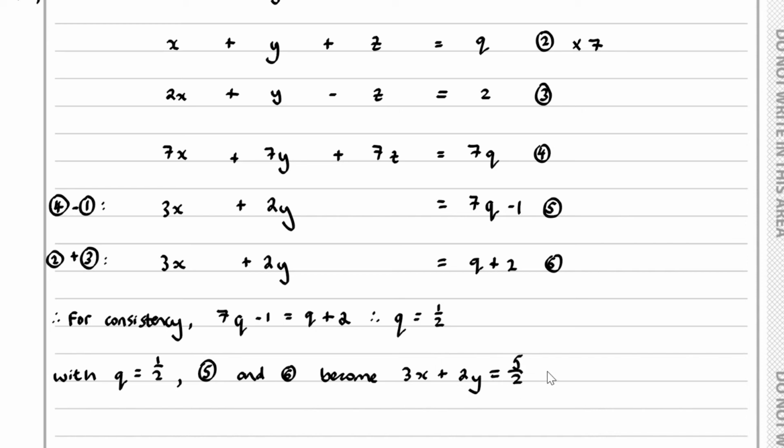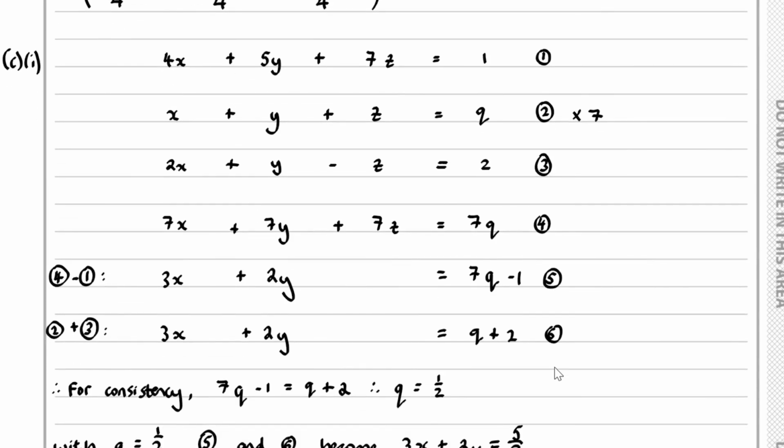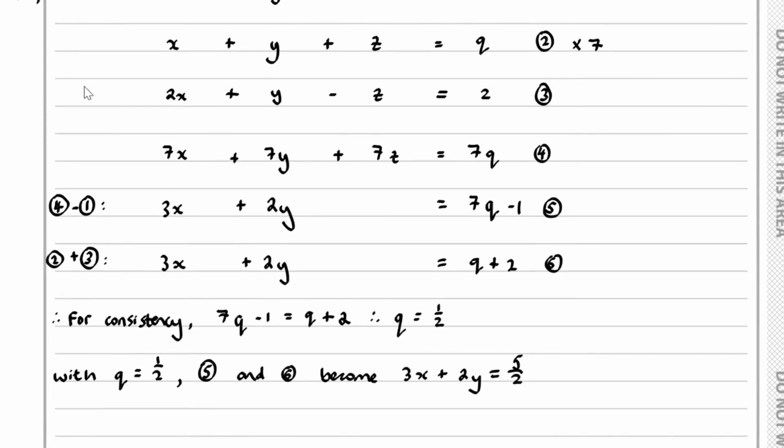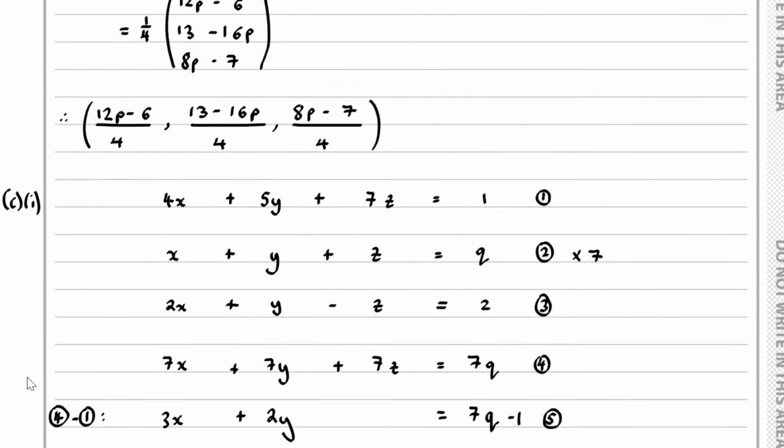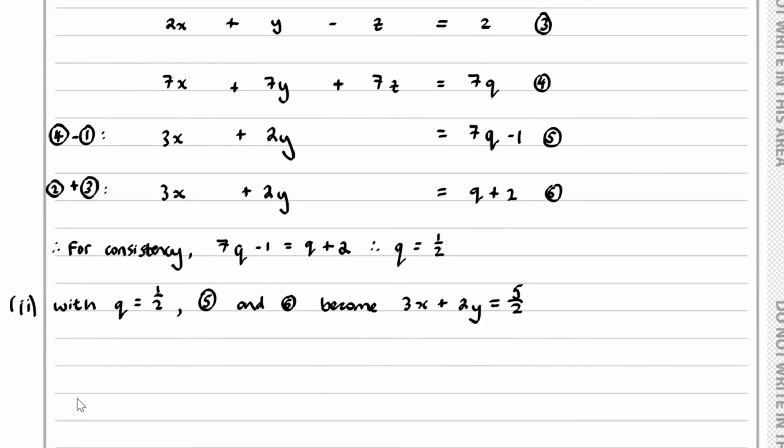So what we've done over here is found out what q is, and now for the next part we need to find the vector equation where they intersect. So essentially the three planes will intersect with a sheaf, so that makes sense.